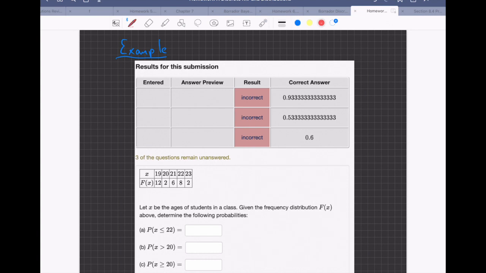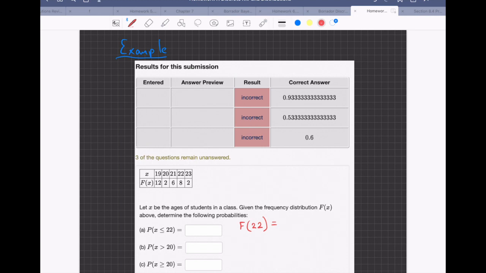It is F of 22. In this case, we will have to consider all the values from 22 and less. So we have to consider 22, 21, 20, and 19.